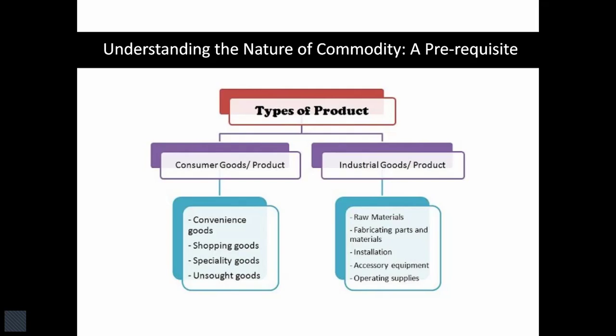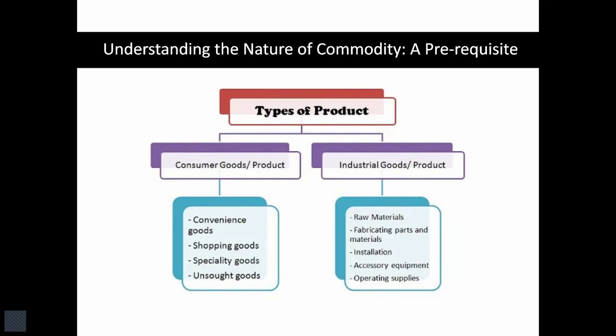So for that matter, we need to understand that products are divided into two basic categories: consumer products and industrial products. Consumer goods are convenience goods, shopping goods, specialty goods, and unsought goods. Industrial goods are divided into different categories: finished, unfinished, or semi-finished goods, raw material, fabricating parts, accessory equipment, or operating supplies.